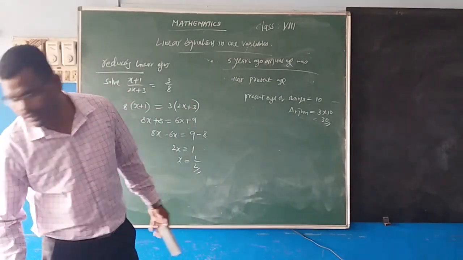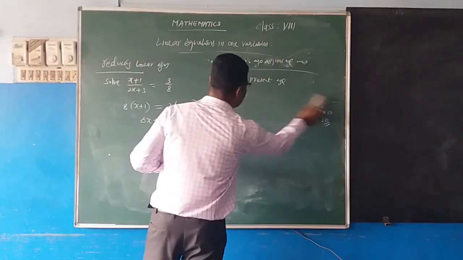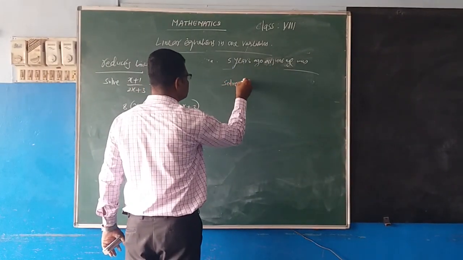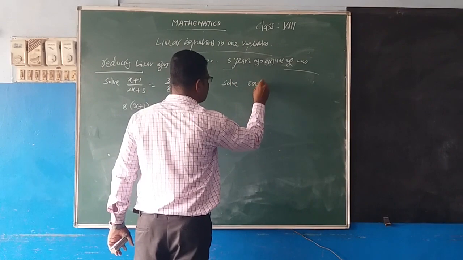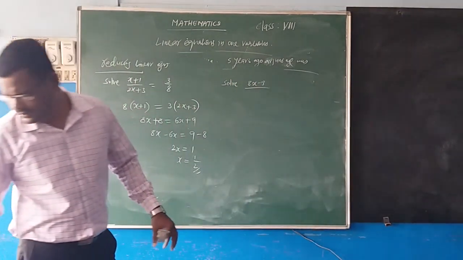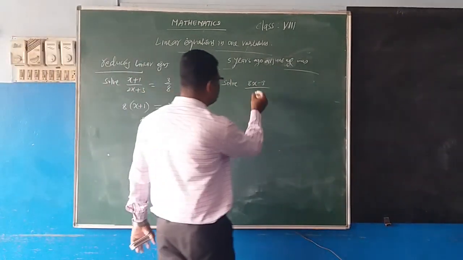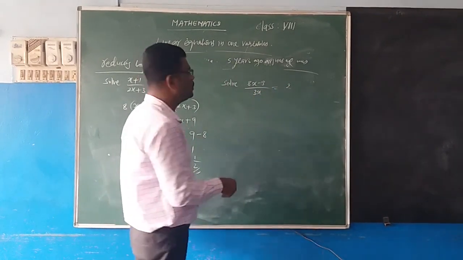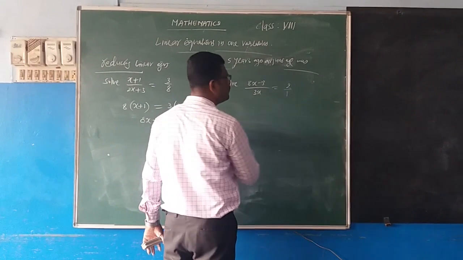Last one is solve 8x minus 3 divided by 3x is equal to 2. What is the meaning of 2? 2 is nothing but 2 by 1.